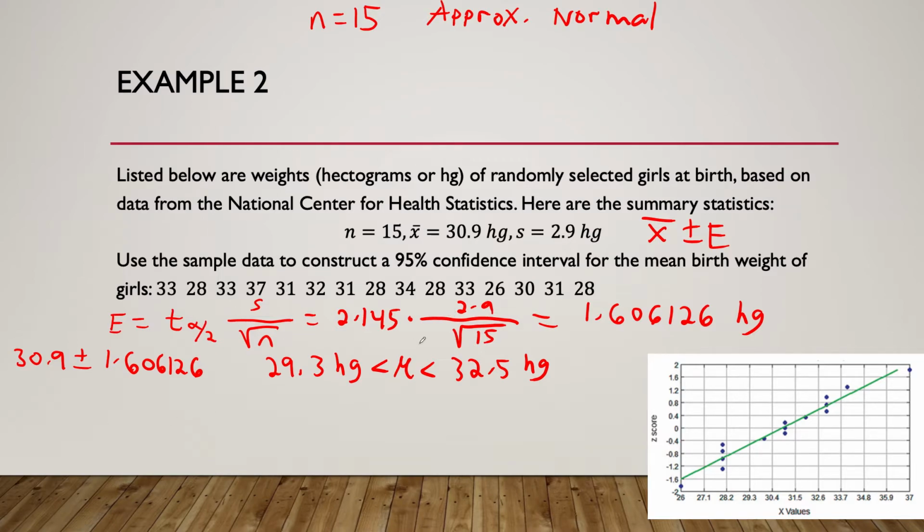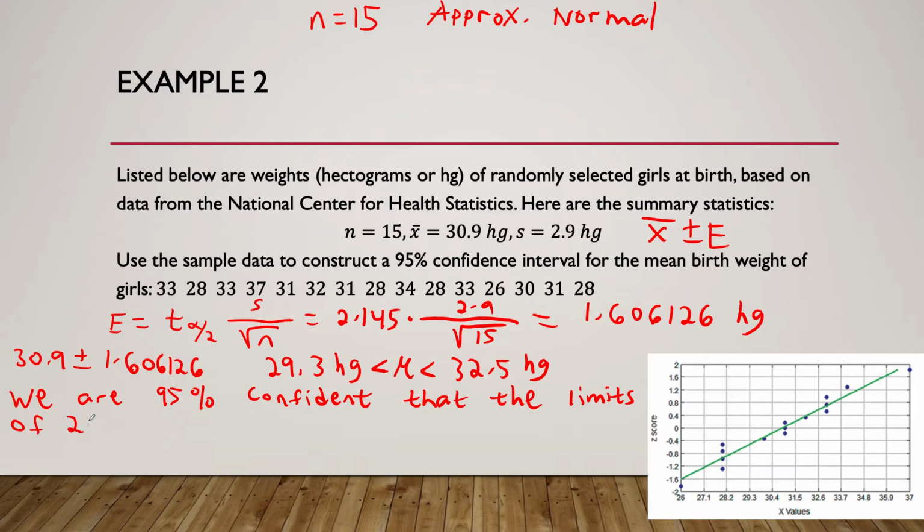And the way that we could interpret this confidence interval is that we are 95% confident that the limits of 29.3 hectograms and 32.5 hectograms actually do contain the value of the population mean.